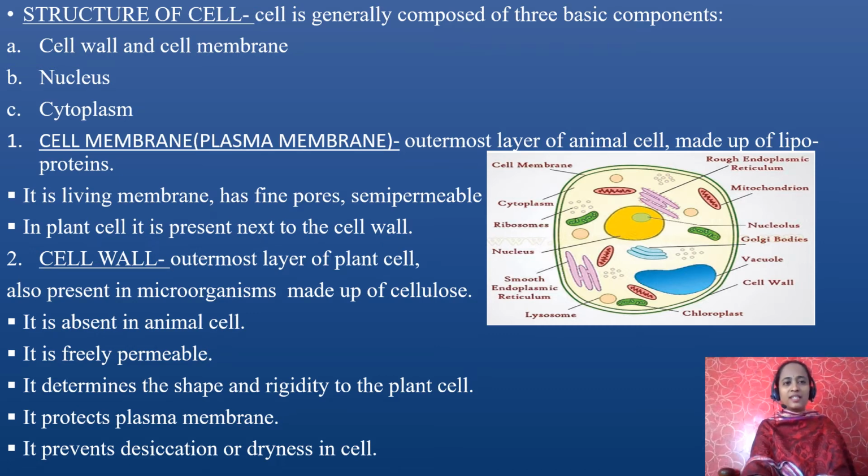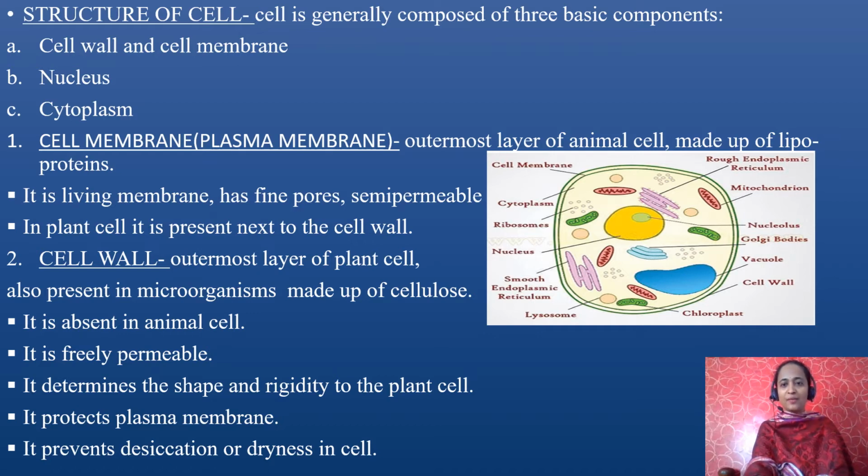First, let us see what is the cell membrane or plasma membrane. It is common to each and every organism. It is the outermost layer in the case of an animal cell, but in a plant cell, it is present next to the cell wall. The cell membrane is made up of lipoproteins. What is meant by lipoproteins? Lipids and proteins.